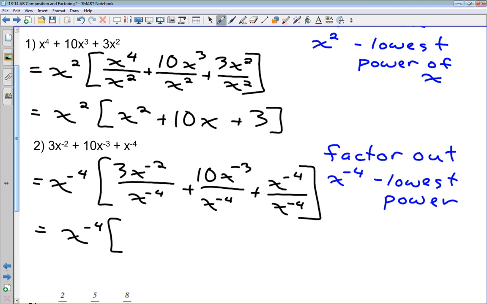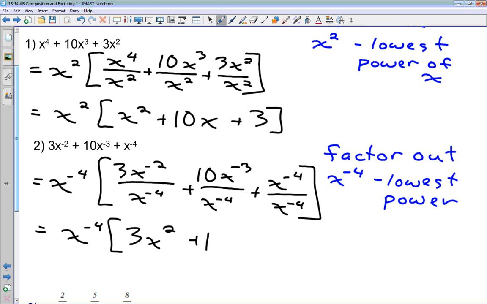Now, if we do our division, we have x to the negative 2, and we're subtracting the exponent when we do our division. So we keep the x the same and subtract the exponent: negative 2 minus negative 4. But if we're subtracting a negative, we end up adding those two. So it's negative 2 plus 4, which gives us 3x squared.